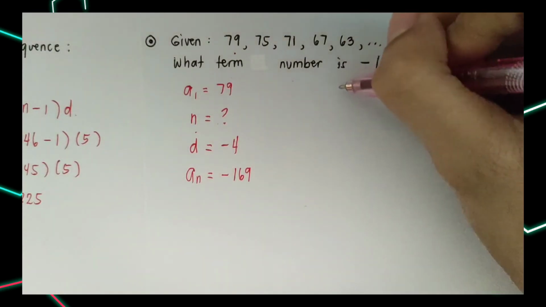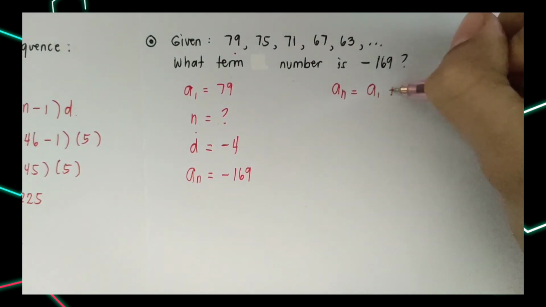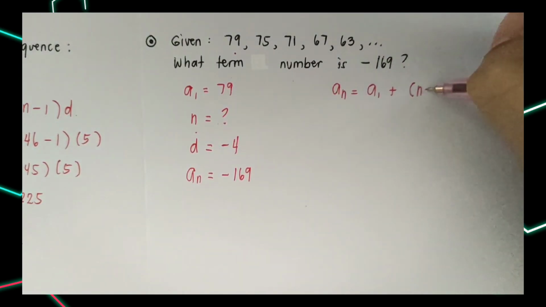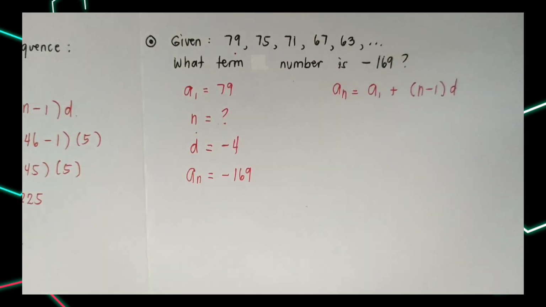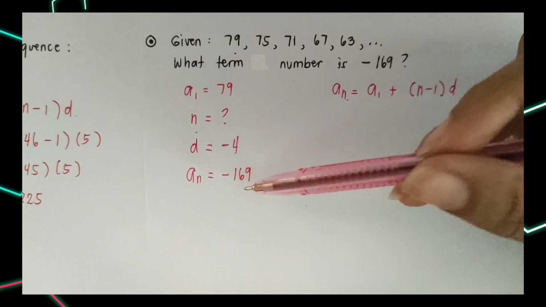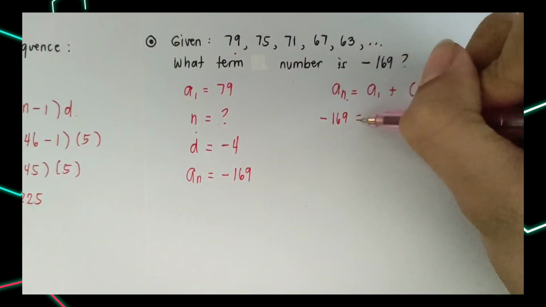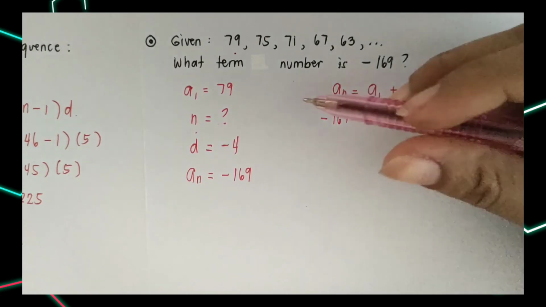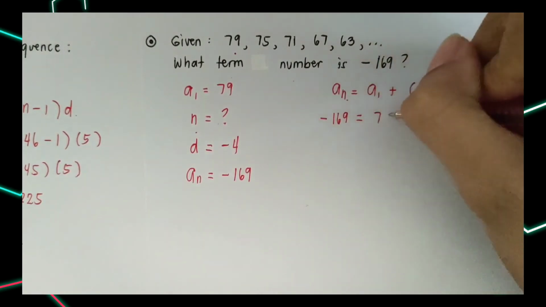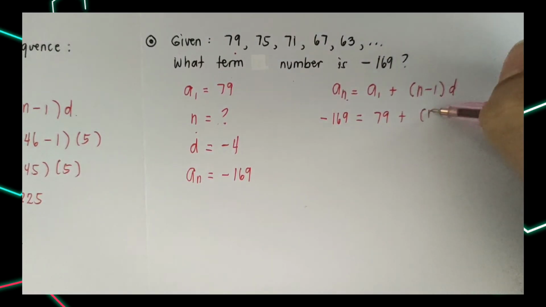We will use the formula of the arithmetic sequence: a sub n is equal to a sub 1 plus the quantity of n minus 1 times d. Substitute the value of our a sub n, which is negative 169, is equal to our a sub 1, which is 79, plus n is missing, so copy n minus 1, and then our d is negative 4.